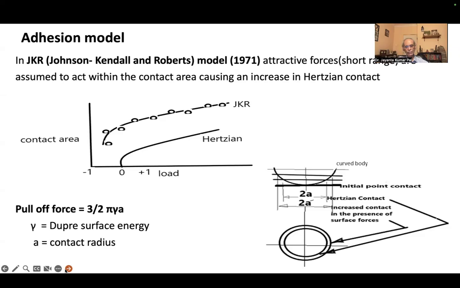That means the intermolecular forces increase the contact area. And taking this into account, they have shown that the pull-off force is 3/2 pi gamma A. Again, gamma is delta gamma, but we have written gamma here for simplicity, it is the Dupre surface energy, and A is the contact radius.